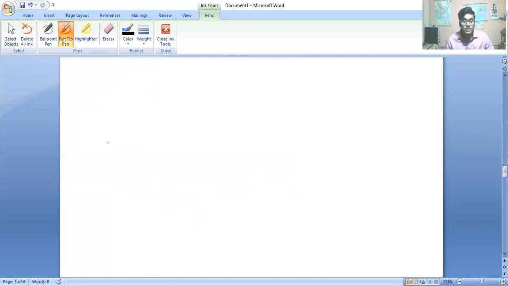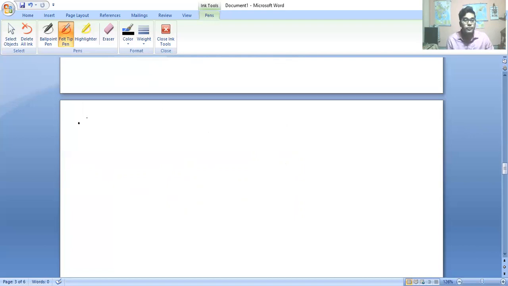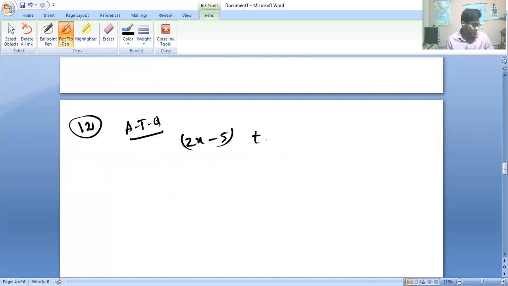Last in this exercise, question number 12. Find the values of x for which the angles this and this are complementary angles. So very easy, since they are complementary, their sum becomes 90 degrees. So according to the question, 2x minus 5 plus x minus 10 is equal to 90 degrees.